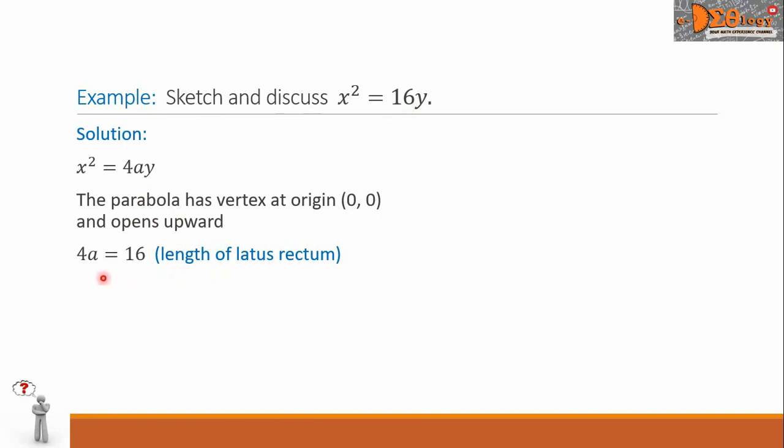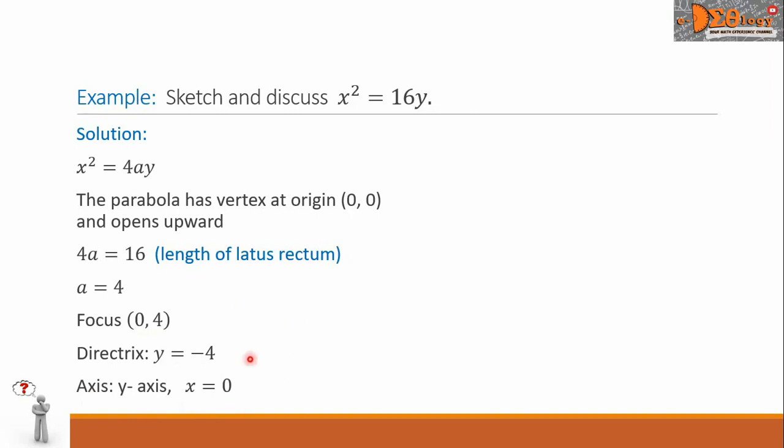And then let us solve for a. Dividing this equation by 4, because that is the coefficient of a, we get a equals 4. From here, we can say that the focus has coordinates (0, 4), while the directrix has equation y equals negative 4. We know that the axis is the y-axis itself, and the equation is x equals 0.